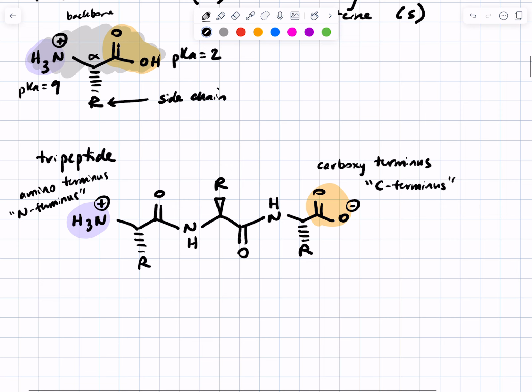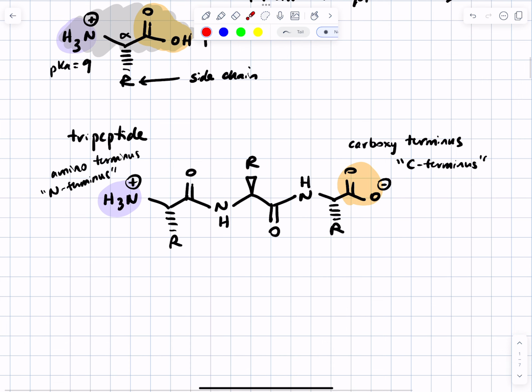And it doesn't matter how you draw the peptide. You can twist the peptide around, draw it with the amino end on the left side, the carboxy end on the right side. All of that's fine, but you should realize that the 2 ends are different. Okay? And of course, a peptide could be much, much longer than just 3 amino acids.